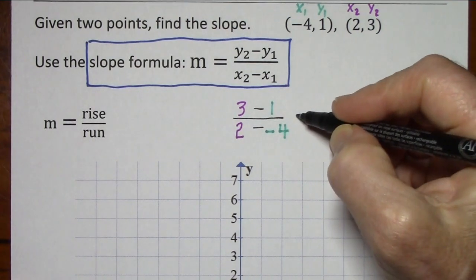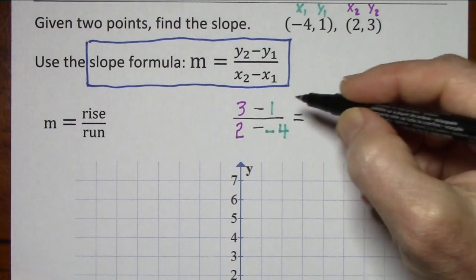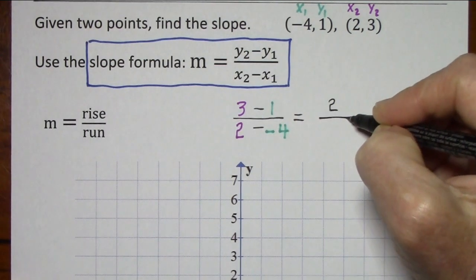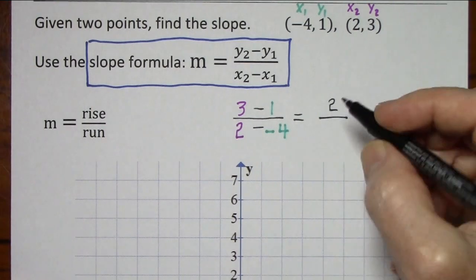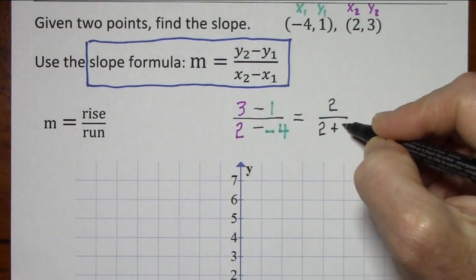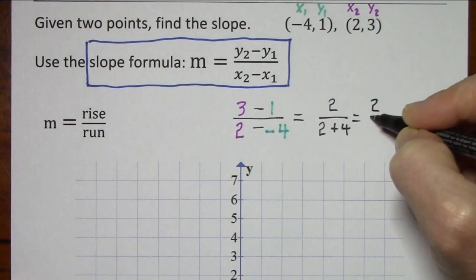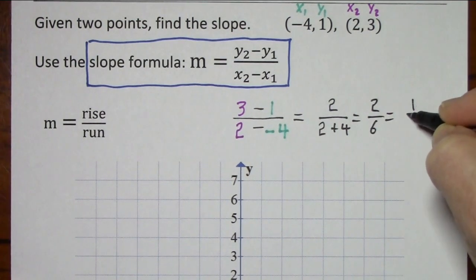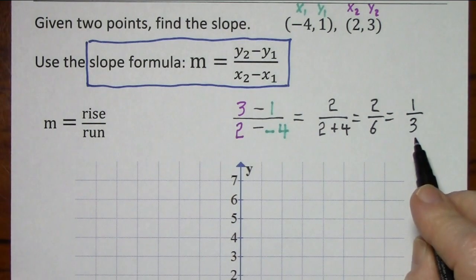So we'll clean this up a little bit. In the numerator, we have 2. I'll rewrite this with 1 sign. And this can be simplified. So our slope is 1/3.